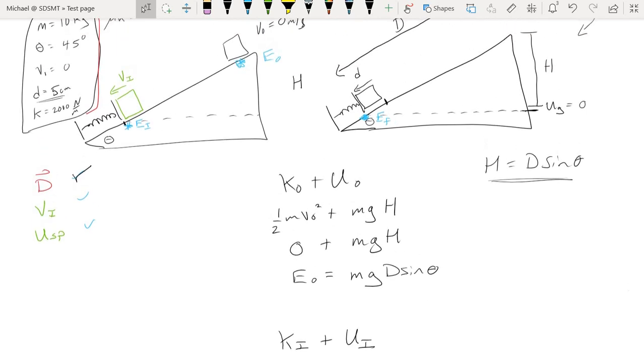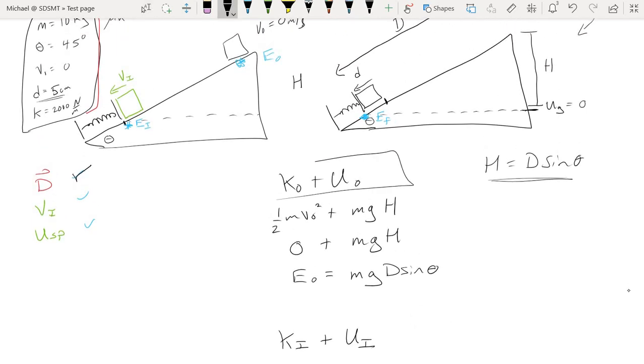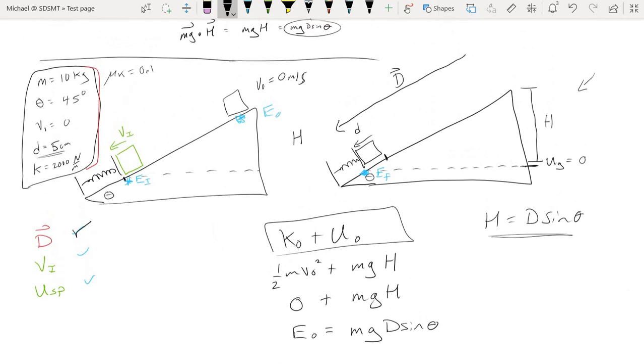But before we do that, let me come back up here. And if you notice, all of the energies that I considered were only the energies associated with the block being at this location. While the block is at this location, what is the spring doing?